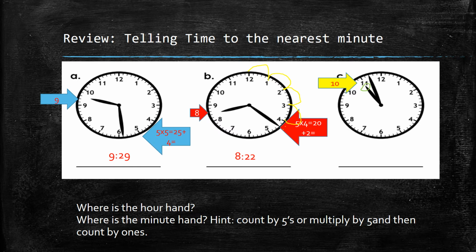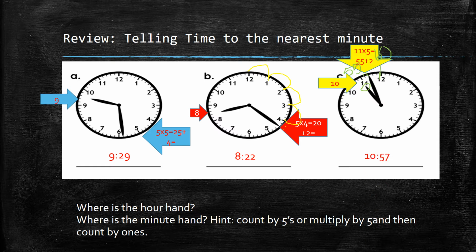This time, instead of going all the way around and counting by 5s, I can know that right on the 12 is 60 minutes, which then means on the 11, if I multiply by 5, that's 55, right? Remember I said you can multiply by 5 with the number that it's closest to? And then we have 1, 2 after the 55, which makes it 57. So the time is 10:57.